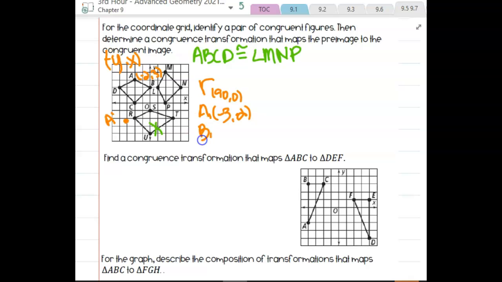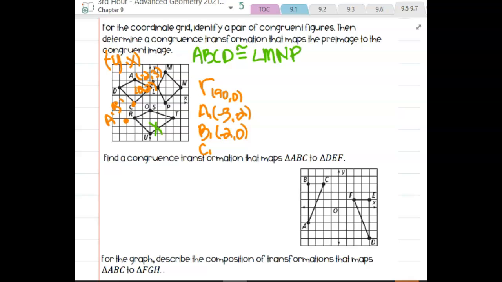B prime. B is at the point 0, comma 2. So to rotate it, flip the sign of the y, and then flip the x and the y. So negative 2, comma 0.